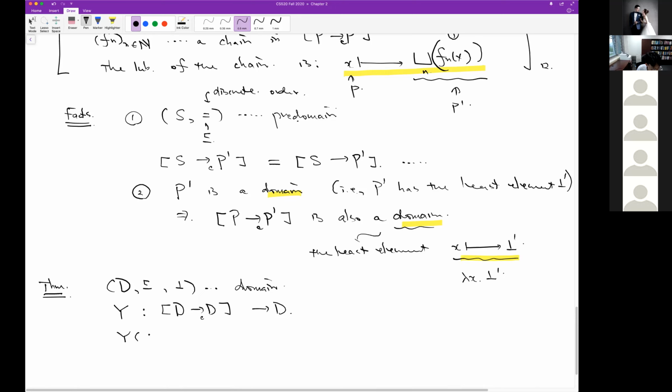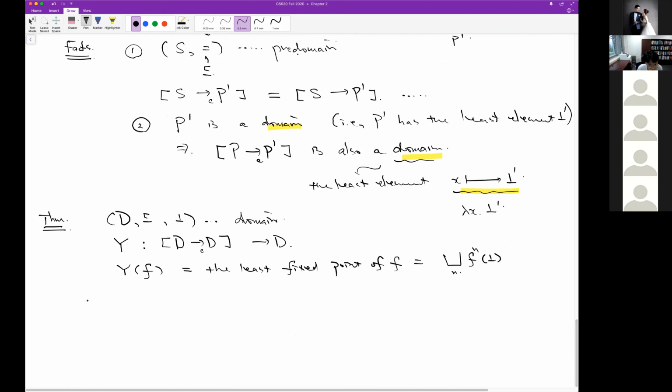If we take a function F, it returns the least fixed point of F, which is defined by the least upper bound of this specific chain that we can construct using F. So the theorem says that this Y is continuous.